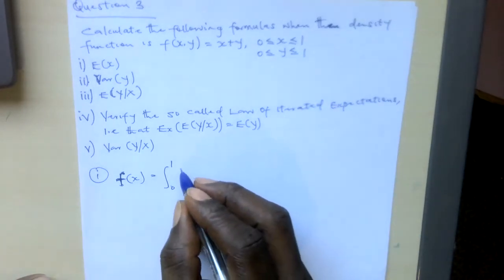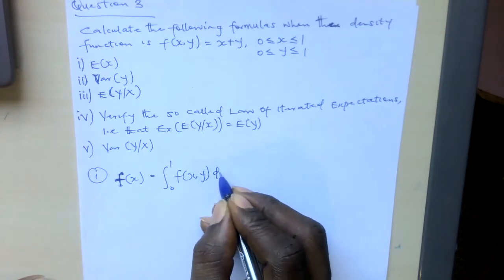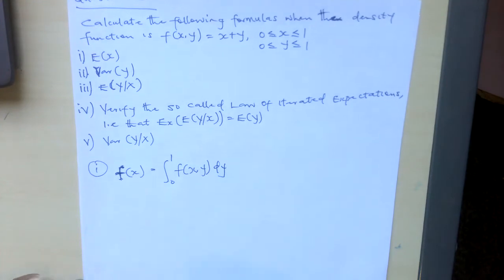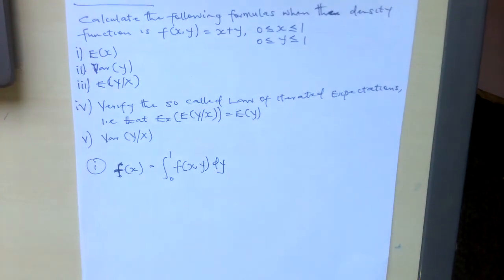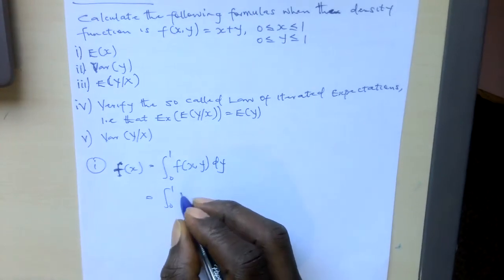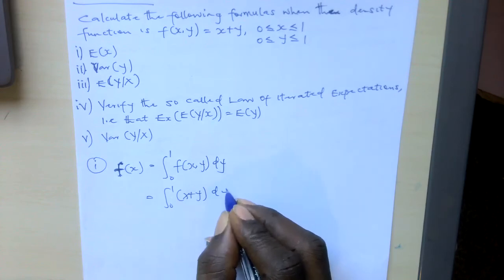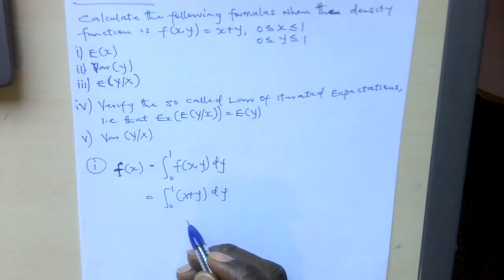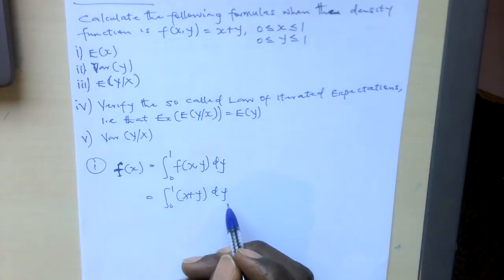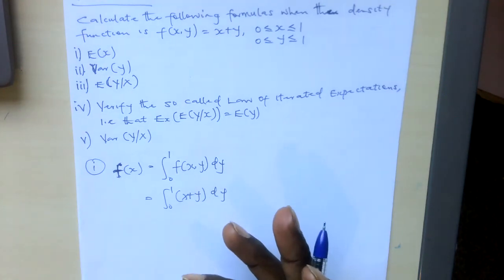So we have the integral from 0 to 1 of f of x, y, which is x plus y dy. Because we are integrating with respect to y, x functions like a constant.